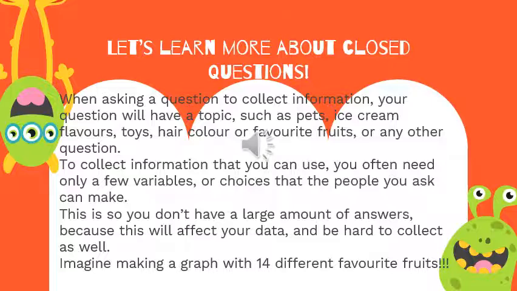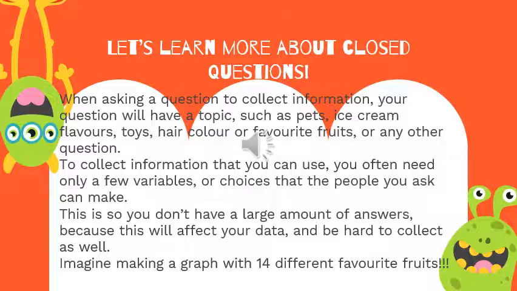When asking a question to collect information, your question will have a topic such as pets, ice cream flavours, toys, hair colour, or favourite fruits, or any other question that you can think of. To collect information that you can use, it's really good to have just a few different choices or variables that the people you ask can choose from.